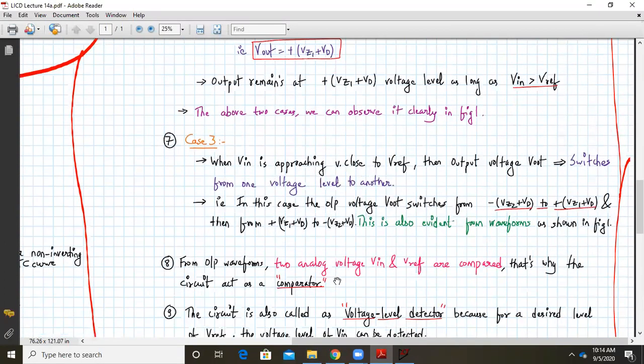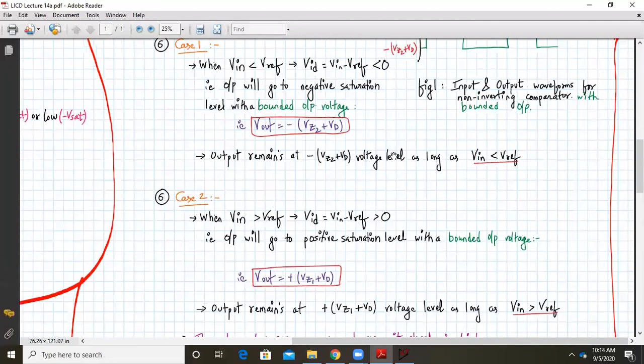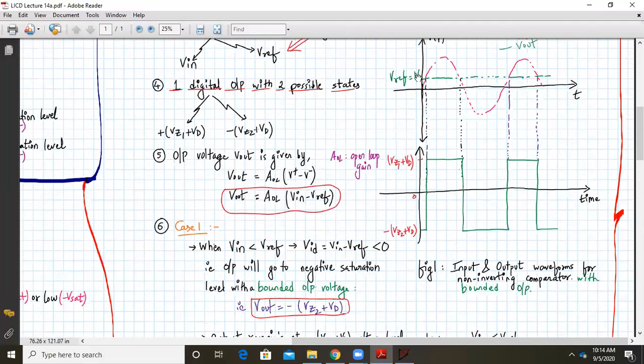Whenever V in reaches V reference, the output switches from negative to positive level, and the next time V in reaches V reference, it changes from positive back to negative. Remember, the positive level is VZ1 plus VD, and the negative level is minus of VZ2 plus VD.